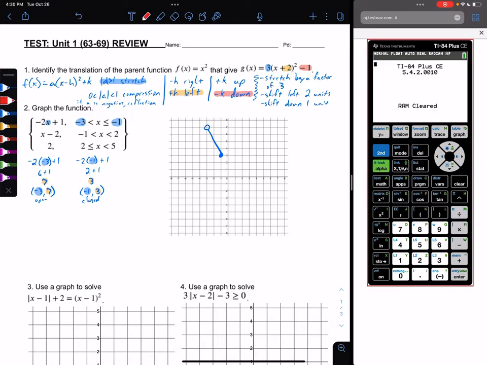All right, I want to do the same thing for the next one. So I'm going to use negative 1 and 2. Those are going to be my x values. So negative 1 minus 2, that's going to be negative 3. So negative 1, negative 3. And then 2 minus 2, which is 0. So 2, 0 is going to be my point.